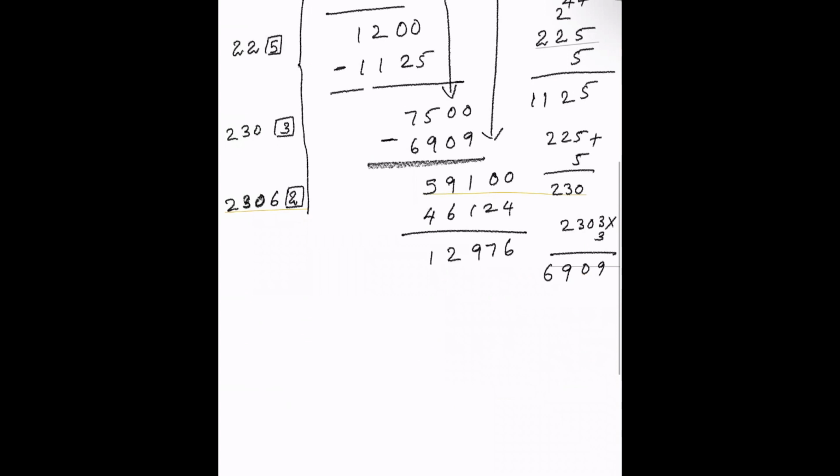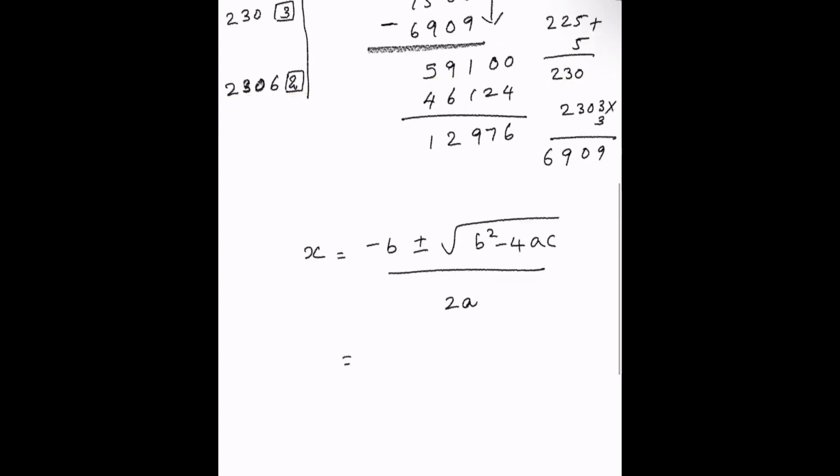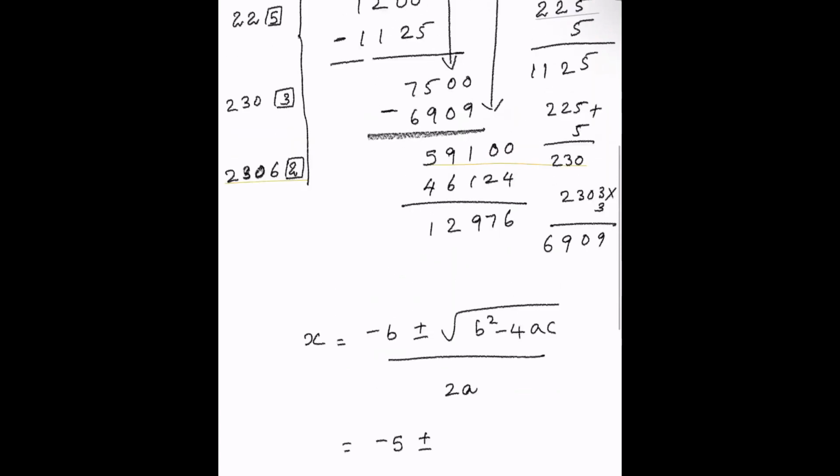Now let's continue with finding the roots. x is equal to minus b plus or minus root of b square minus 4ac, by 2a. What is the value of minus b? Minus b is minus 5. Plus or minus root of b square minus 4ac is what we just calculated.